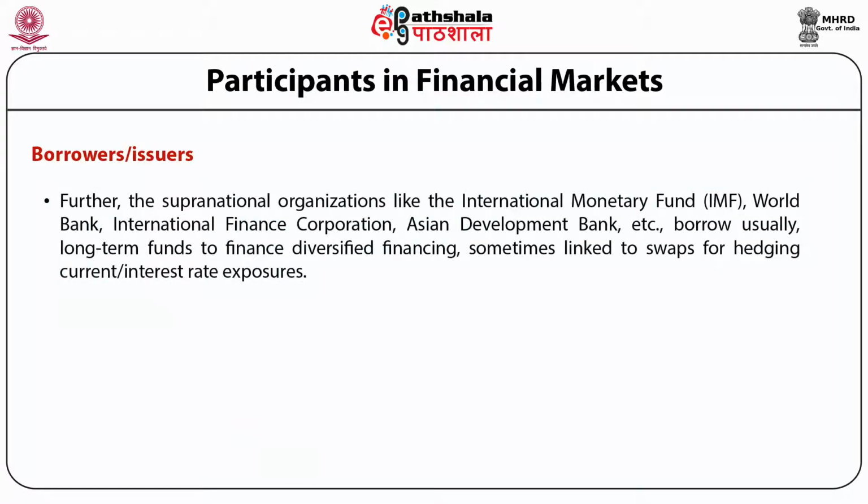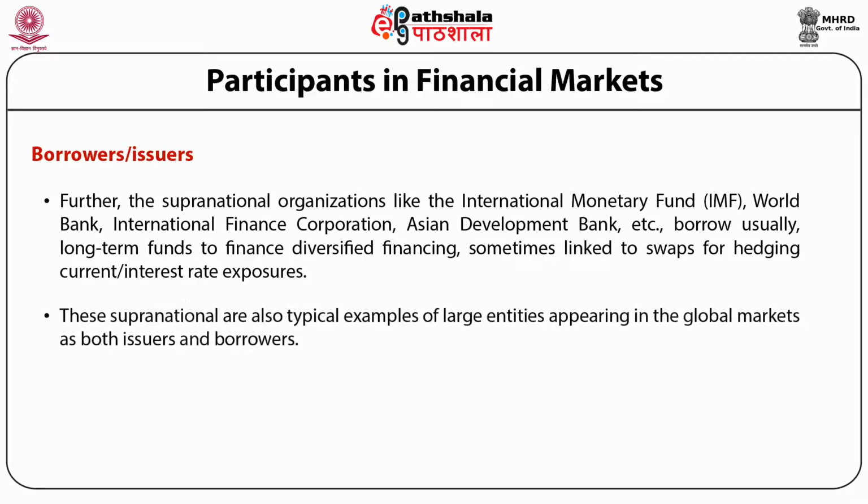Further, the supranational organizations like the International Monetary Fund, World Bank, International Finance Corporation, Asian Development Bank, etc., usually borrow long term funds to finance diversified financing, sometimes linked to swaps for hedging currency or interest rate exposures. These supranationals are also typical examples of large entities appearing in the global markets as both issuers and borrowers.